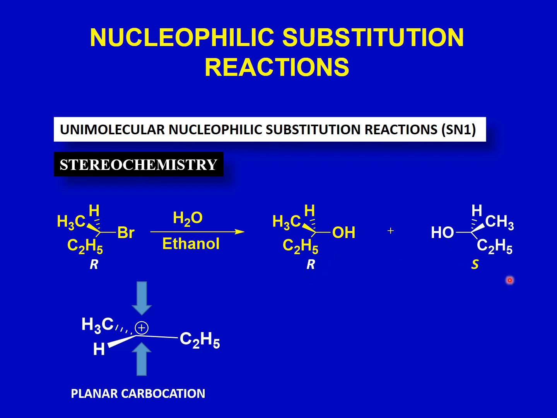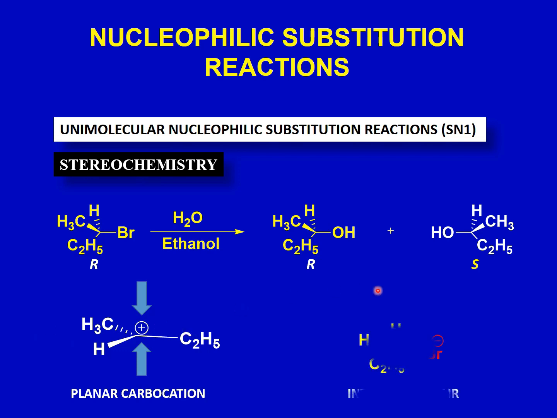So do you think we have the formation of a racemic mixture? Because if R and S are in equal proportion, then we will have a racemic mixture and an optically inactive molecule. And you can see here that the planar carbocation presents both of its faces for attack by the nucleophile. So we can expect the formation of a racemic mixture.